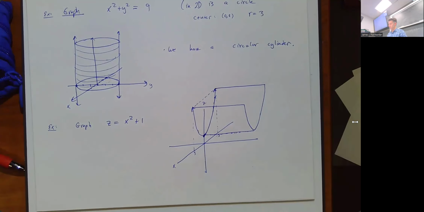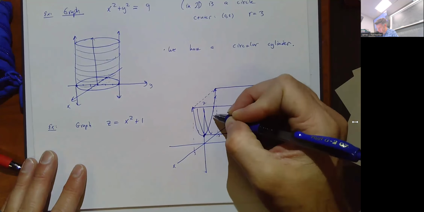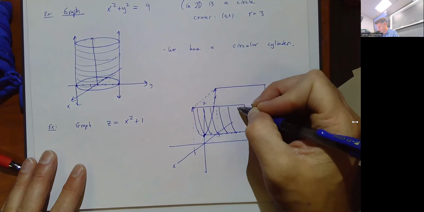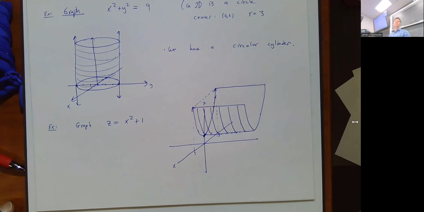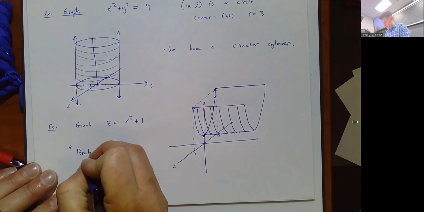So there's your parabolic, your parabolic what? Your parabolic cylinder. Because we call this a cylinder too, because mathematicians like to use the same word over and over again for things. So this is a quote unquote parabolic cylinder.